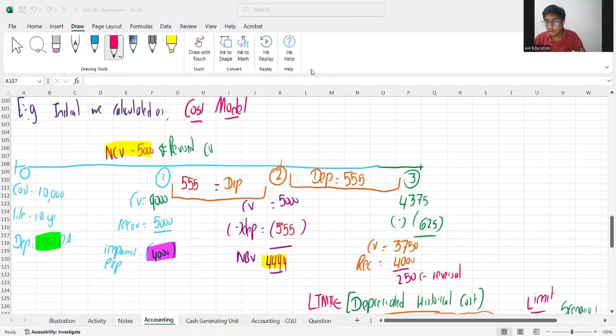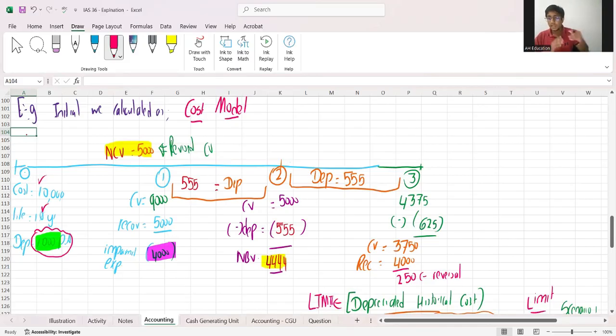Okay, now let us see how we do a reversal of impairment in a question. Let me tell you a story, just listen, and we'll try to develop the concept bit by bit. In year zero, the initial year, you had purchased an asset which had a cost of 10,000. Useful life is 10 years. Then obviously depreciation per year would be 1,000.